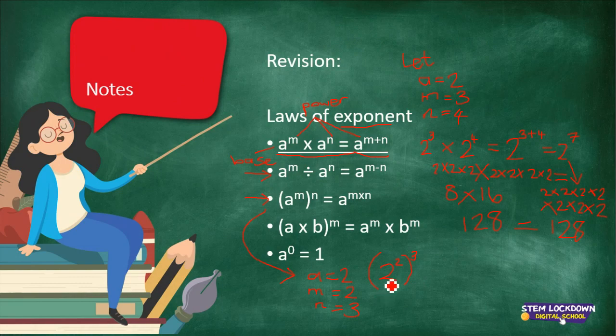2 to the power 2, the same as saying 2 times 2. So 2 times 2 is 4, right? So 4 to the power 3. So 4 to the power 3 is 4 times 4 times 4. 4 times 4 is 16. 16 times 4 is 64.